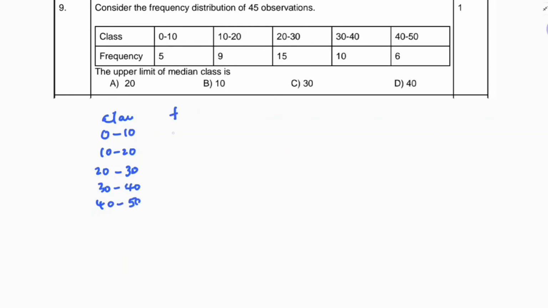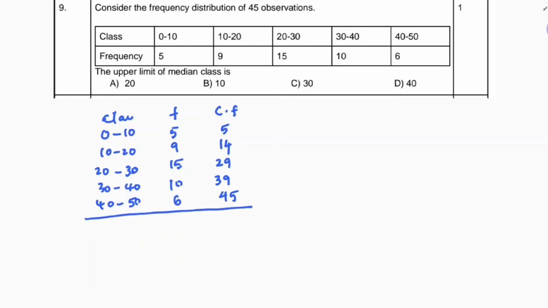The frequencies given are 5, 9, 15, 10 and 6. For median we need to find cumulative frequency. So 5 plus 9 is 14, 14 plus 15 is 29, 29 plus 10 is 39, 39 plus 6 is 45.